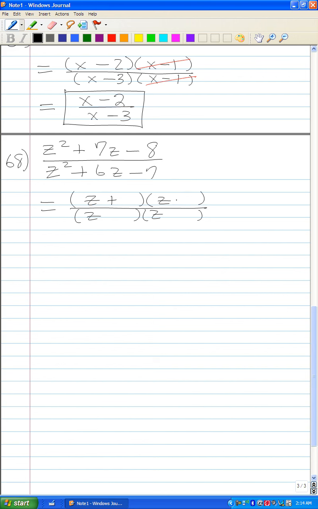So bring down the plus, minus. I have a plus, I'll bring down the plus, times minus is minus. I want two whole numbers whose product is 8 and whose difference is 7, 8, 1. I want two whole numbers whose product is 7, whose difference is 6, 7 and 1. I can cancel the z minus 1's. And so you get z plus 8 over z plus 7. And that's your answer.